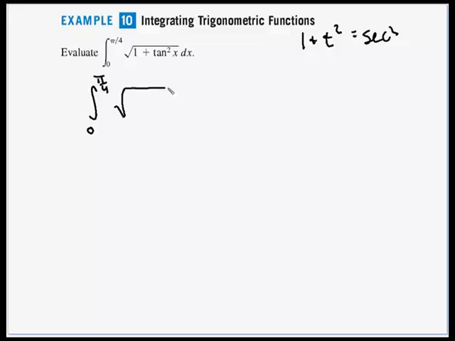So the square root of secant squared of x dx. And look just how perfect is that. We have a square root with a squared underneath it. So those will cancel out. And we'll have our definite integral from 0 to 1/4 pi of just secant of x dx.